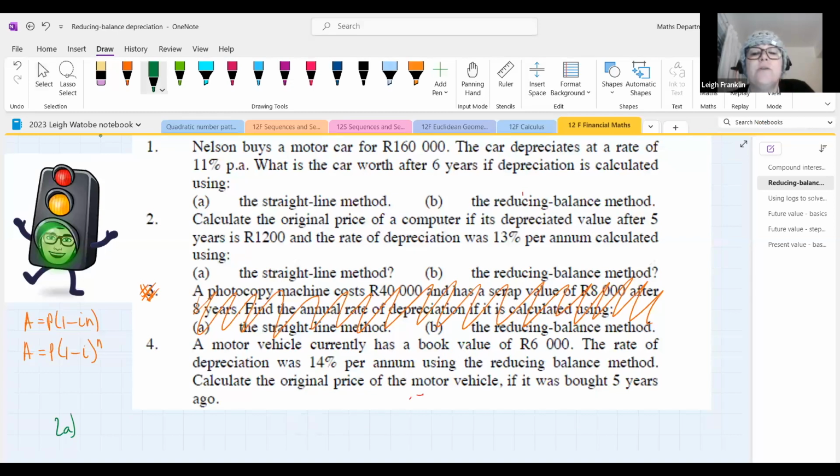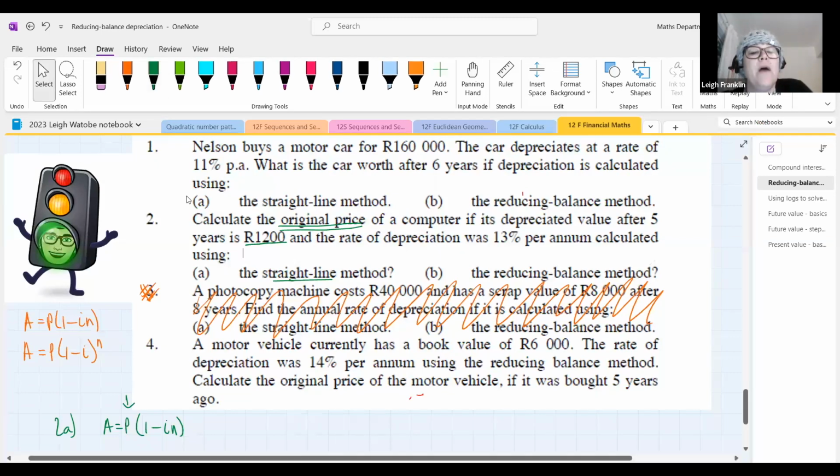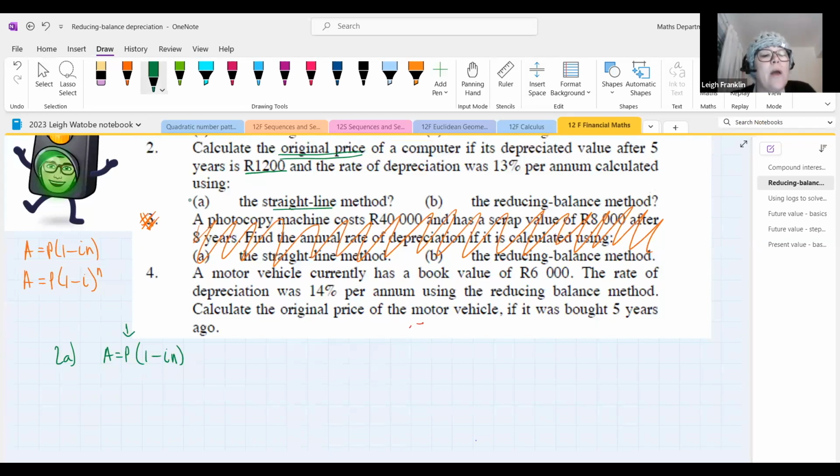So if they ask us to calculate the original price of a computer, A equals P(1 minus in), that would be the straight line method. The original price of the computer, you are calculating the value of P. If its depreciated value after 5 years is 1200, that 1200 is your A value.